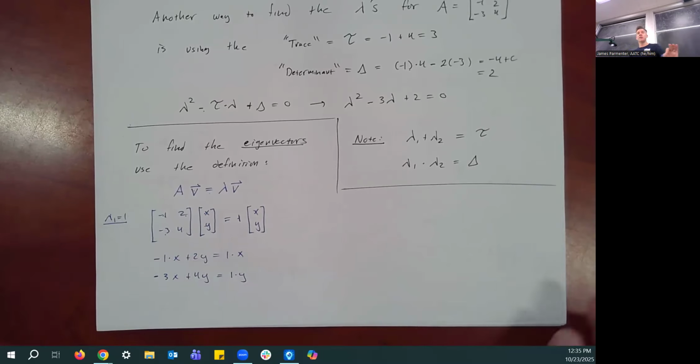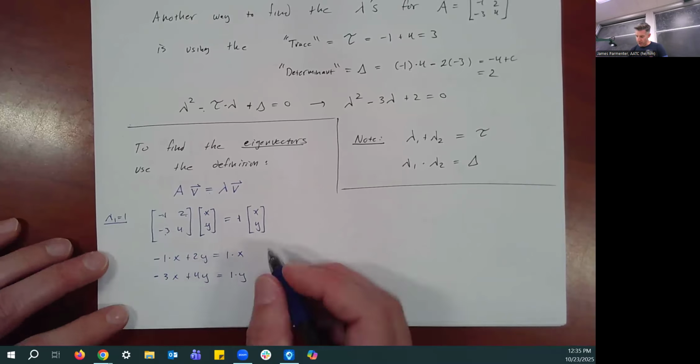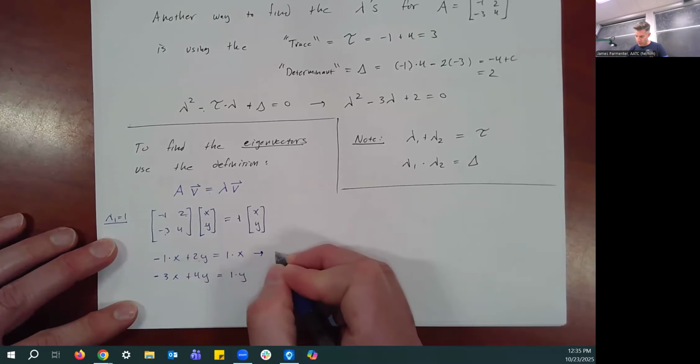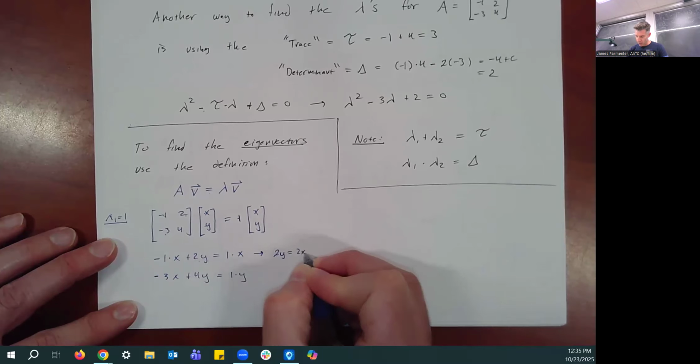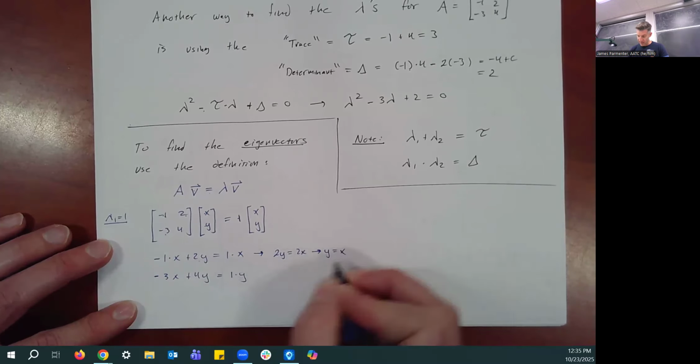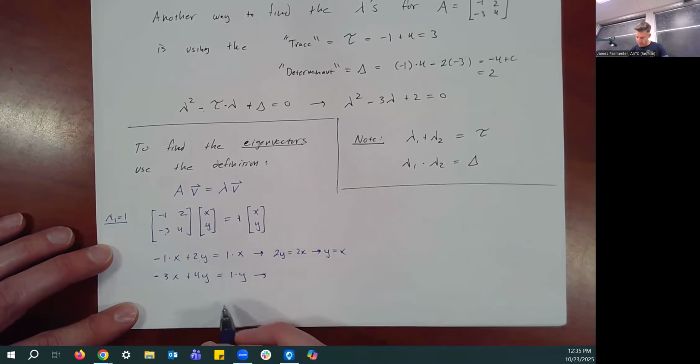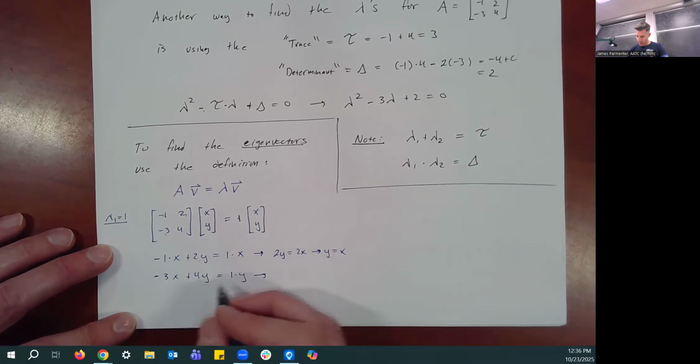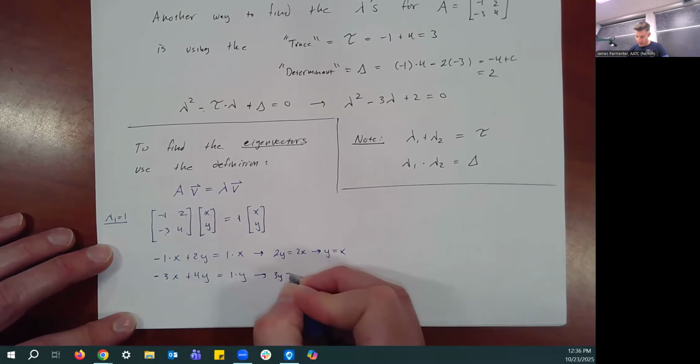In most instances, both of these equations will give you the same relationship between x and y. So if I isolate y here, I get 2y equal to 2x. I get y equal to x. If I isolate y here, I'm going to get 3y on the left equal to 3x on the right.